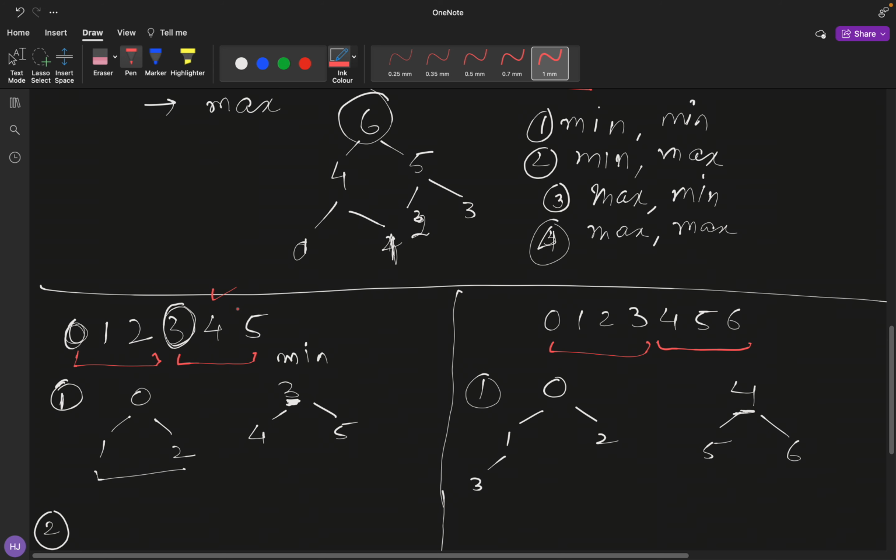And similar is the case with the second problem where I have the odd length. Here I am successfully getting 4, which is the middle value, on the top. See why I am saying 4 is the middle, because the n by 2th and n by 2 plus 1th elements are almost at the middle.